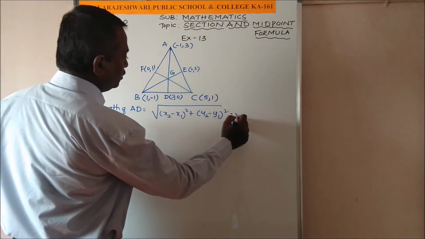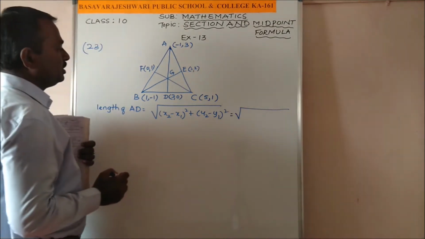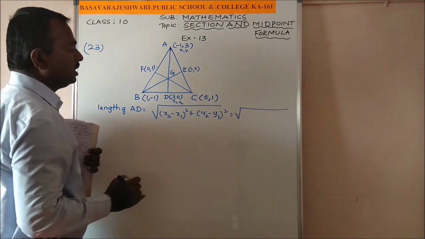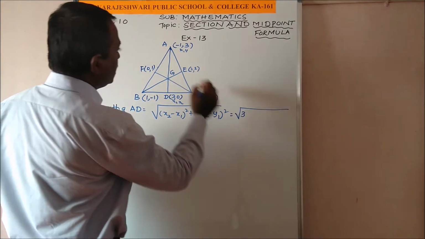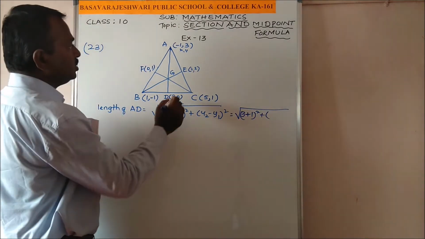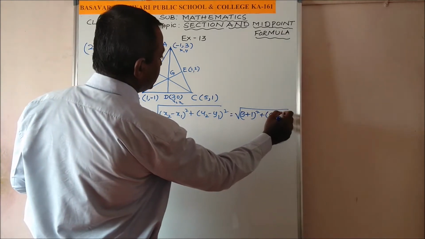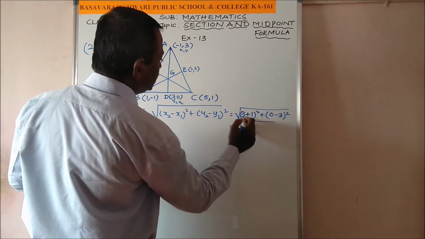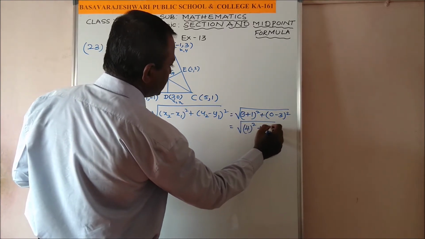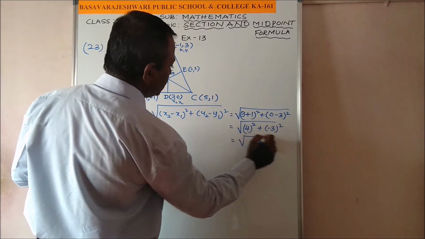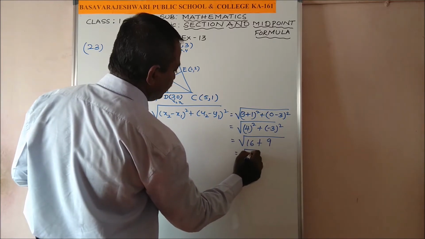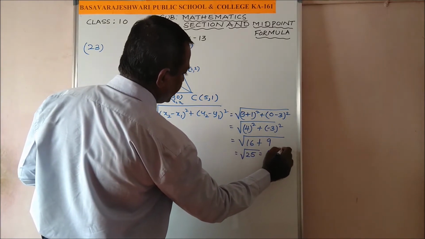This is x1, y1, this is x2, y2. So 3 minus of minus 1, that is plus 1, whole square, plus y2 means 0 minus 3 whole square. This is 4 squared plus minus 3 whole square, that is nothing but 16 plus 9, that is nothing but 25, that is nothing but 5 units.